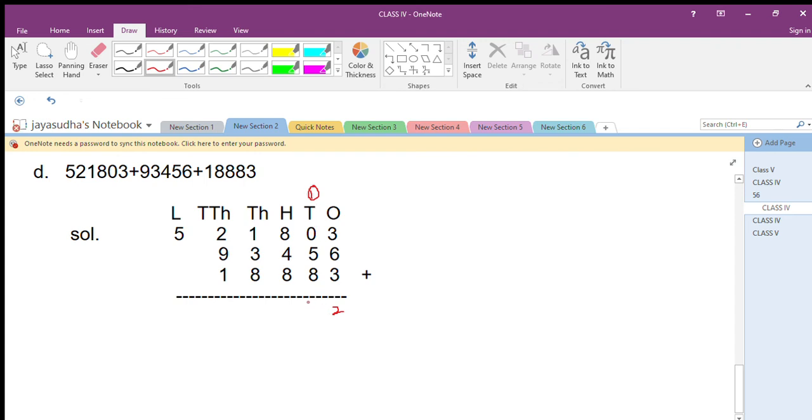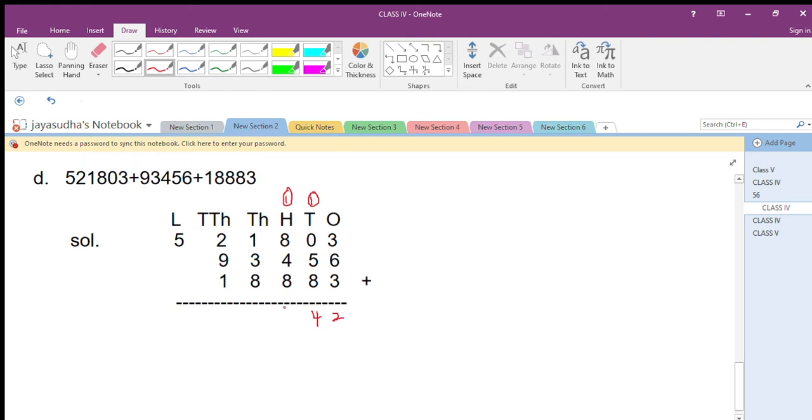So you want to write 4 only here. Again 1 carry. Then 8 plus 4, 12. Very good. 12 plus this 8, 20. 20 plus 1, 21. So you want to write 1. 2 carry to the next column.